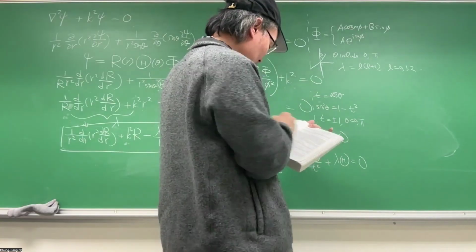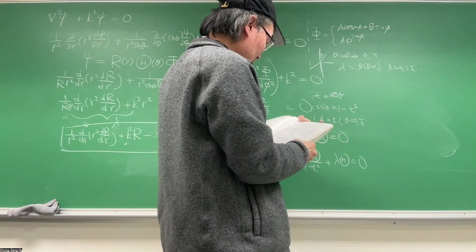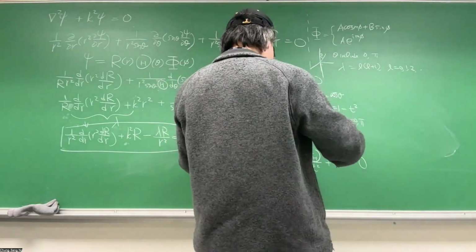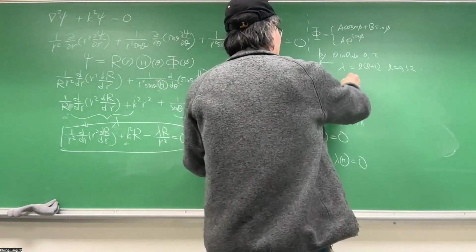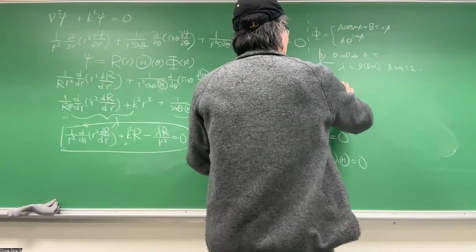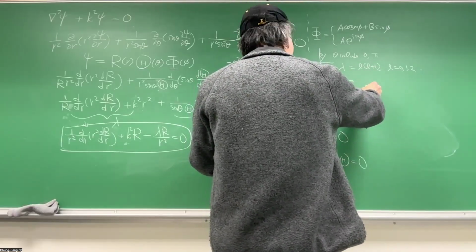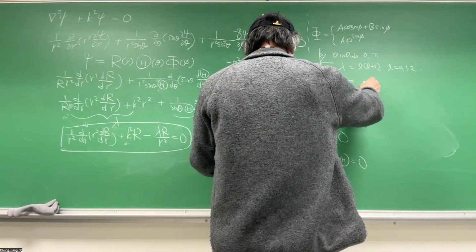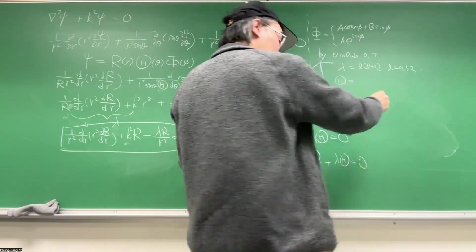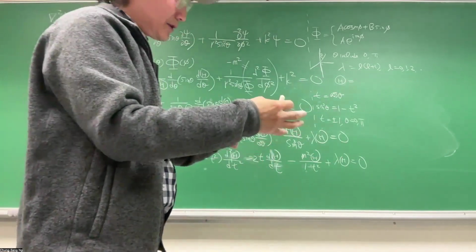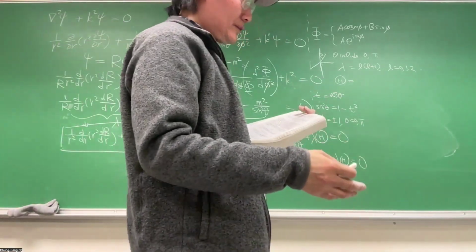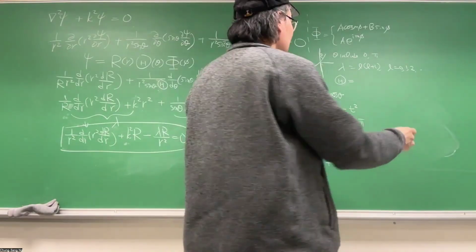Looking at your textbook, it didn't actually write it down. Yeah, in equation 9.82. So the solution will be P_L^M. If you include that, you only have one solution, because the other solution, just like in the Bessel equation situation, you just ignore the singular solution.